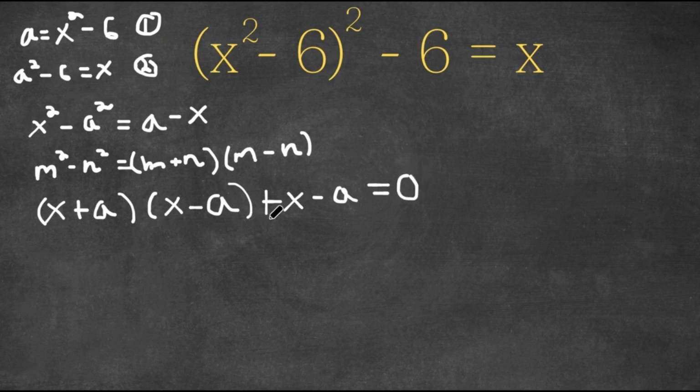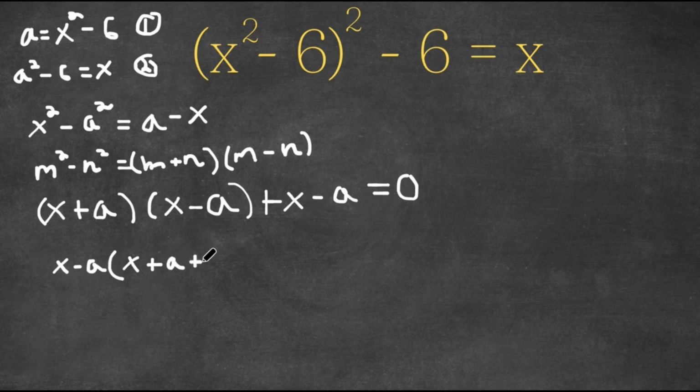So now I'm going to factor out x minus a from this. So x minus a times, x plus a times x minus a divided by x minus a is simply x plus a. And x minus a divided by x minus a is 1.